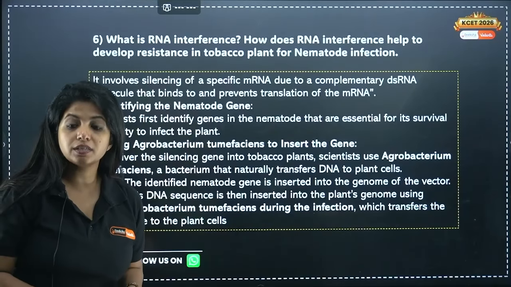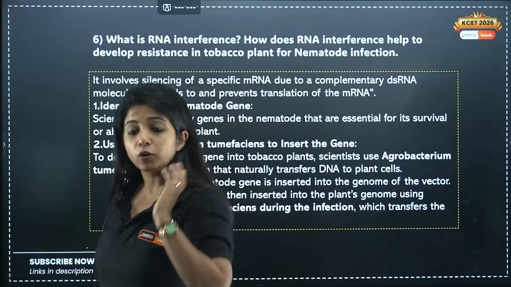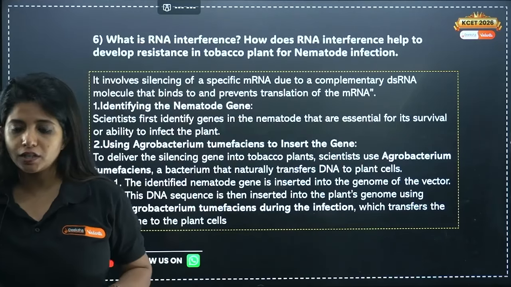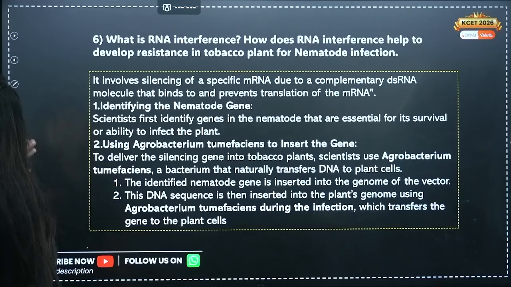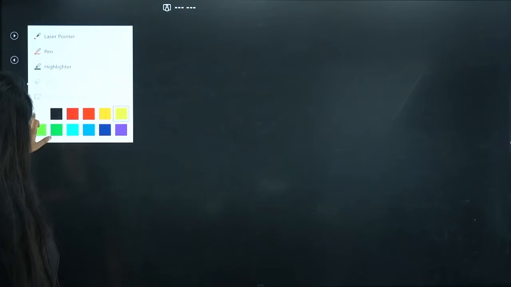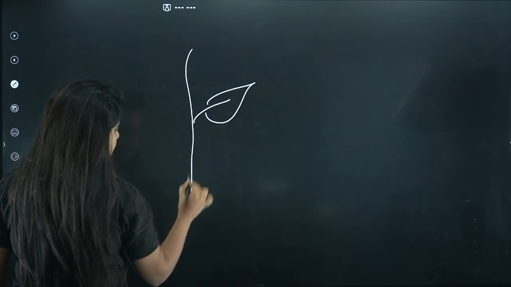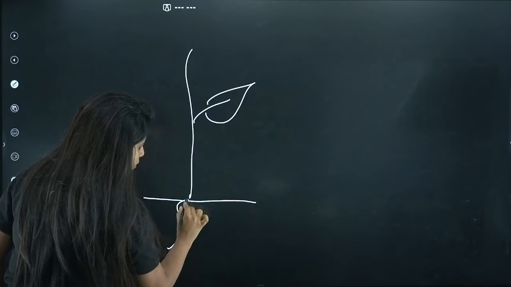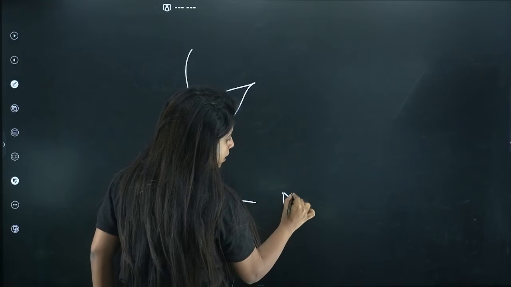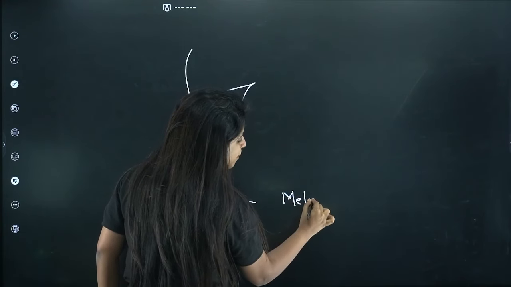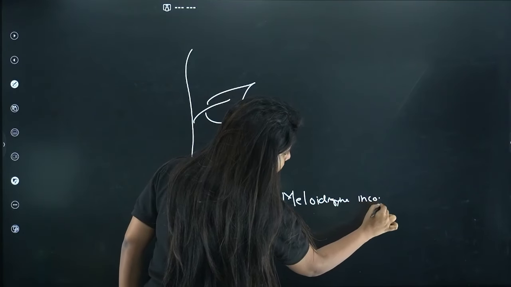So what is RNA interference? How does RNA interference help to develop resistance in tobacco plant against nematode infection? That is the question. Are we ready to find it out? Let's go. So over here, this is the tobacco plant, and the tobacco plant is affected by a nematode, Meloidogyne incognita.